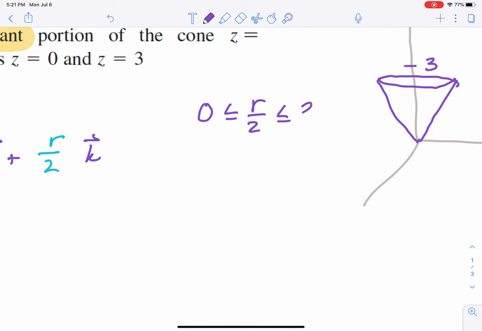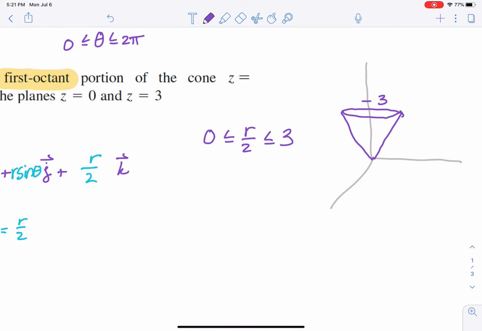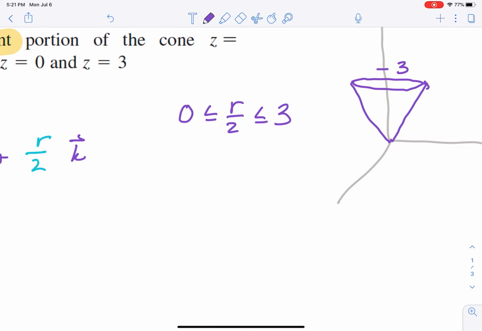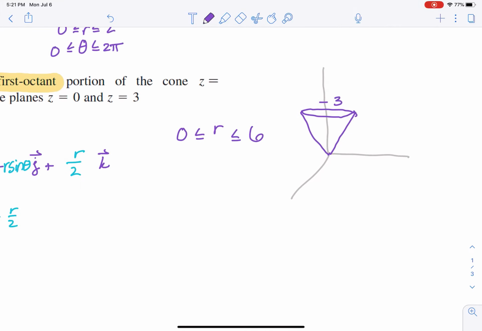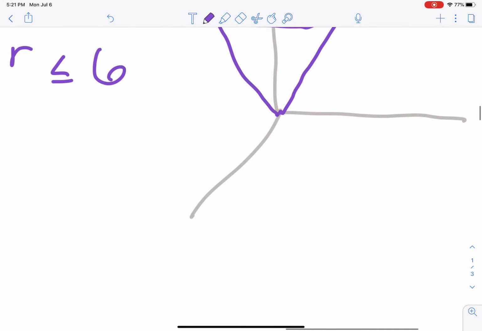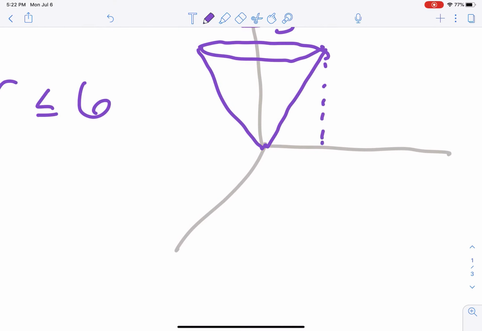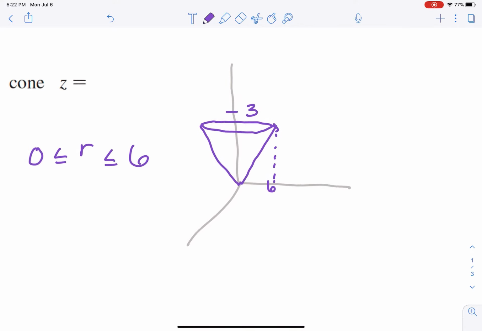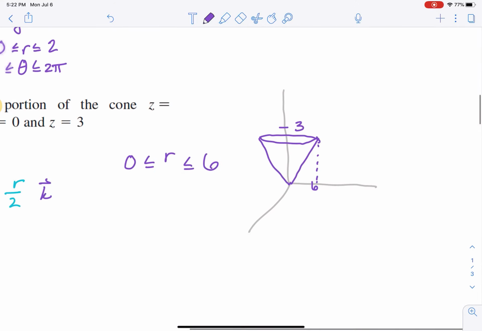That's what that last part said. And now if we just multiply out to get r by itself, we know that r has to be between 2 times 0, which is 0, and 2 times 3, which is 6. Okay, cool. So this radius down here would actually be 6. So it's definitely not drawn to scale. It's much wider than it is tall. It's twice as wide as it is tall.